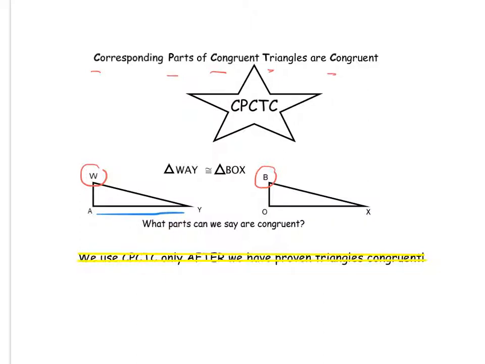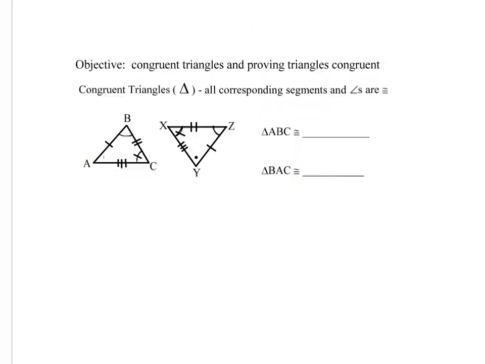AY must be congruent to OX because those are the corresponding sides. Angle X must be congruent to angle Y because those are corresponding angles, etc. Please note that we use CPCTC in proofs only after we've proven the triangles congruent. Don't use CPCTC to prove triangles congruent.